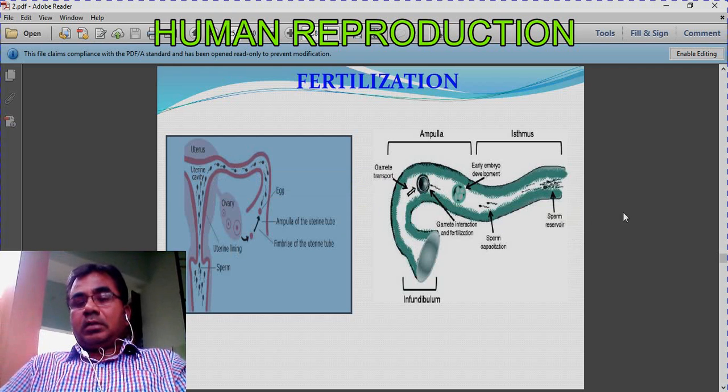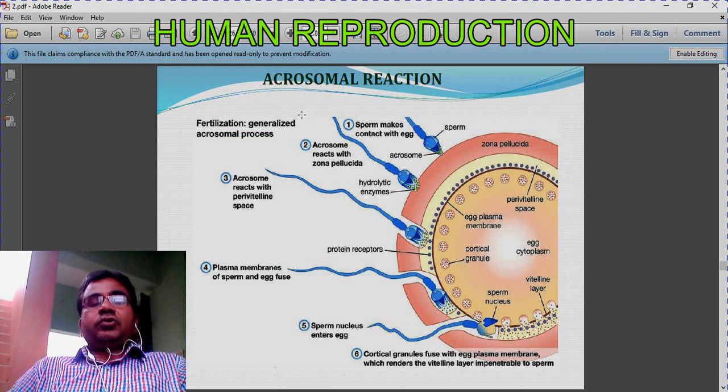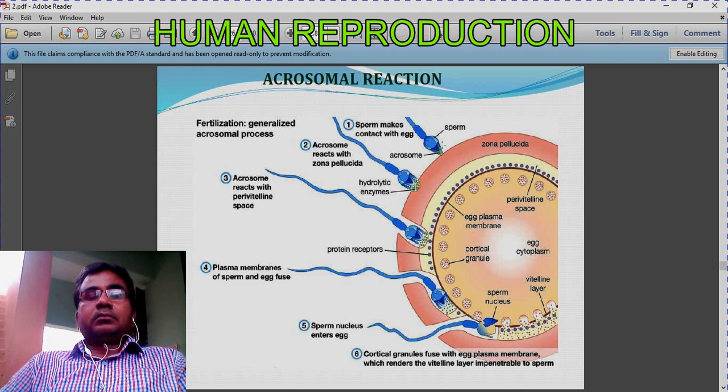Good. What is next? This is the acrosomal reaction. What is acrosomal reaction? The acrosome is present at the head region of the sperm. In the acrosome, some hydrolytic enzymes are there, that is actually hyaluronidase.